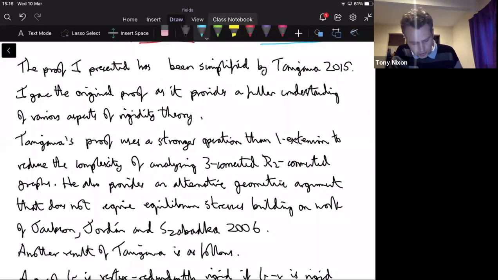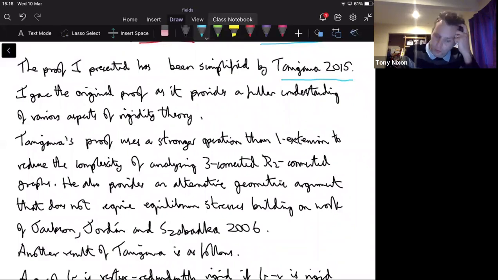Okay, so I wanted to mention one other alternative proof of the characterization, which is due to Shinichi Tanigawa. So he came up relatively recently with a stronger move than one extension, which allows him to make the combinatorics significantly easier.